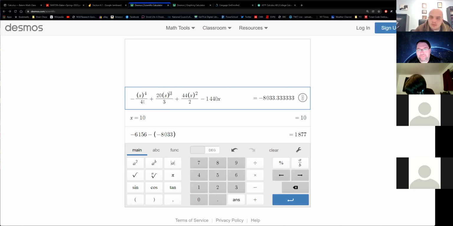Now, the question is, did you put the parentheses just around the x, or did you put the parentheses around the 20x, for example? Because that will make a difference. No, I had put it just around the x. It's odd. I'm looking at the same screen that you are. Negative x to the 4th over 4 plus 20x to the 3rd over 3 plus 44x squared. Where's the negative sign in front of the x?